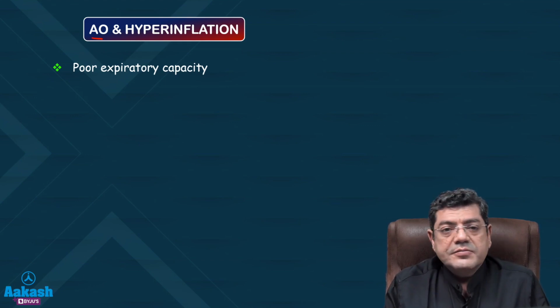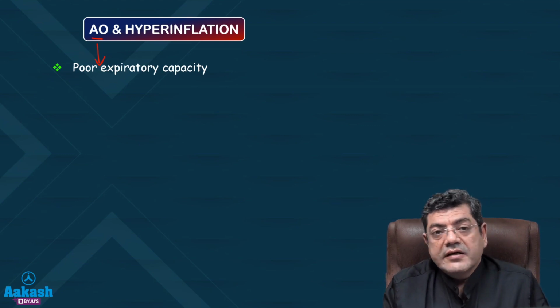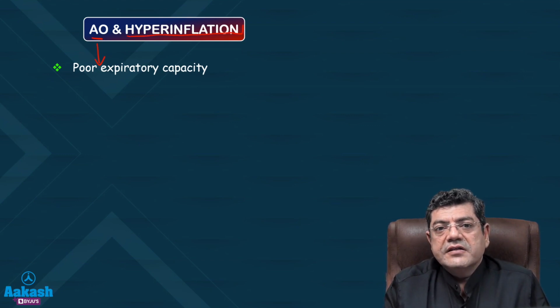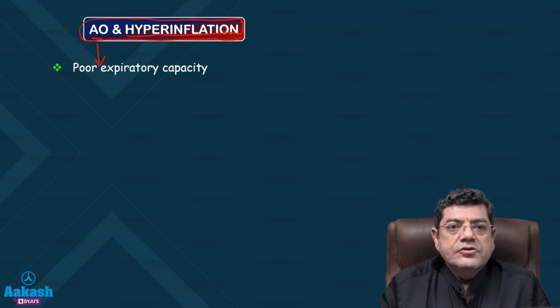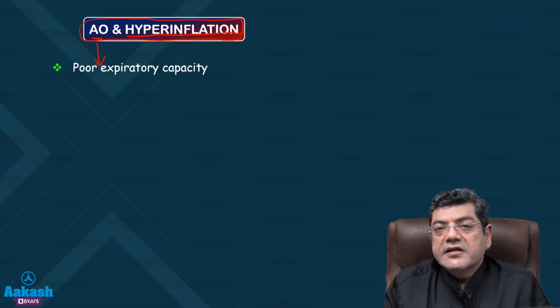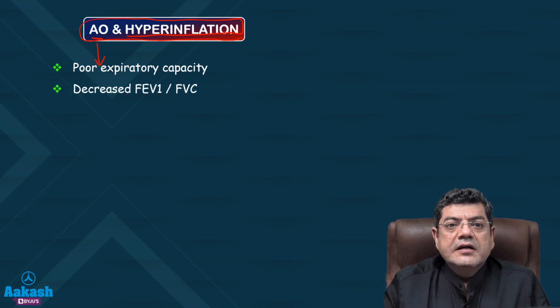Because of the airway obstruction, which implies poor expiratory capacity, and the hyperinflation, these are the 2 phenomena that underlie all the pulmonary function test findings. So the airway obstruction tells you that the expiratory capacity is limited.